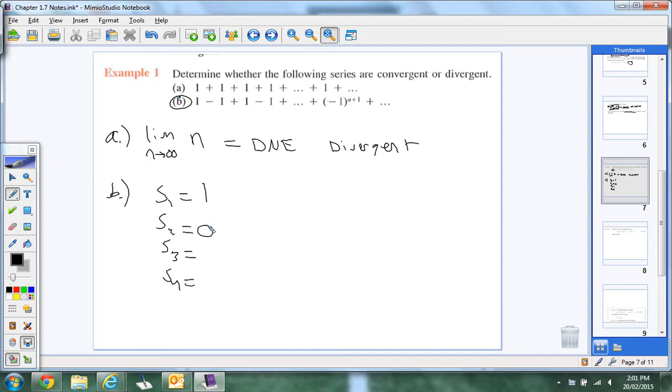S of 3, back to 1, right? So it keeps going 1, 0, 1, 0. Is it approaching anything? No, it's not. So again, this is a does not exist, and it's not infinite, it's divergent. No limit exists, divergent.